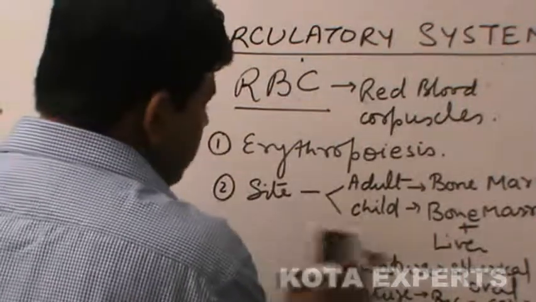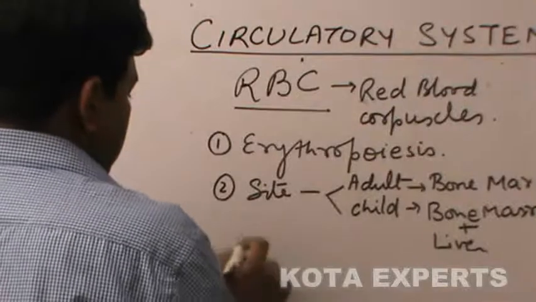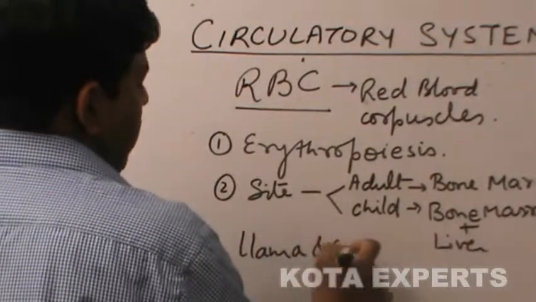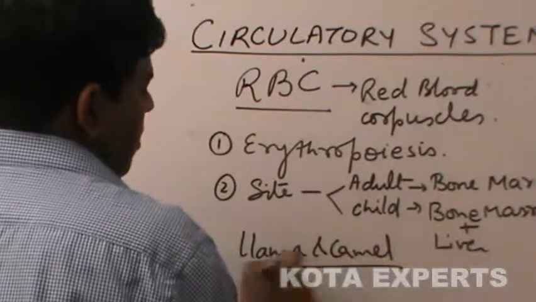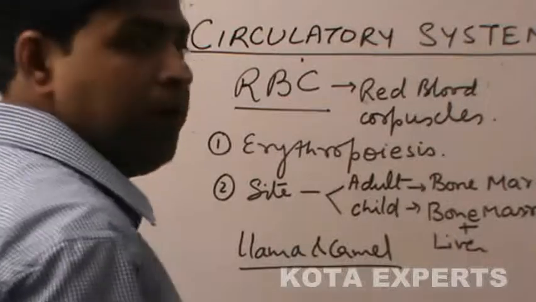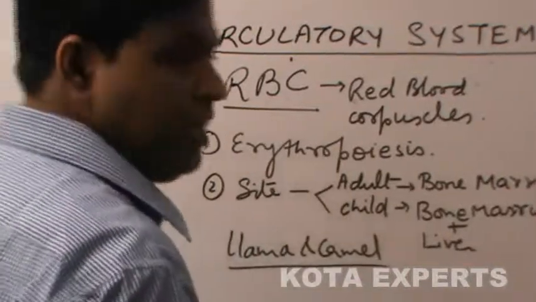But in the case of llama and camel, nucleus is present in the mature RBC. So this exception should be kept in mind.